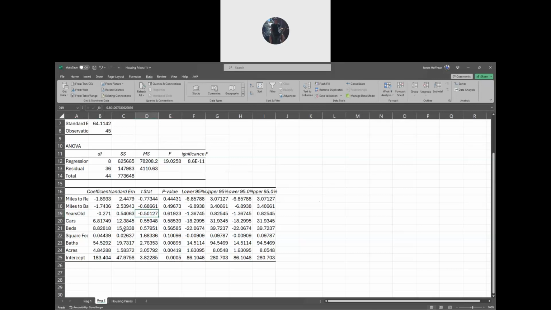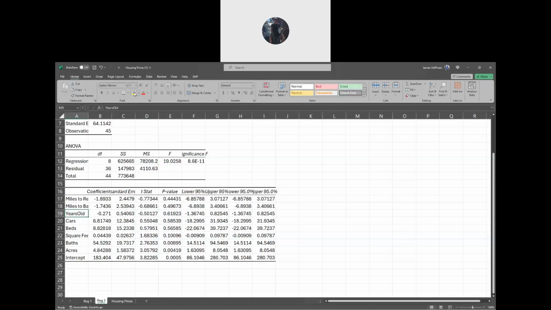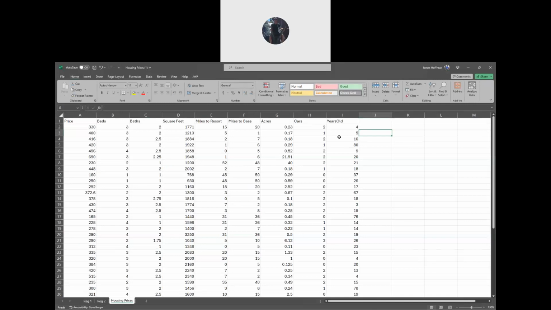Okay. So now we're going to take out years old, right? Because that's the lowest one now in absolute value t-stat. And then we're going to run it again. So let's go back to housing prices, take out years old, just click on the I column, delete, home tab, delete.